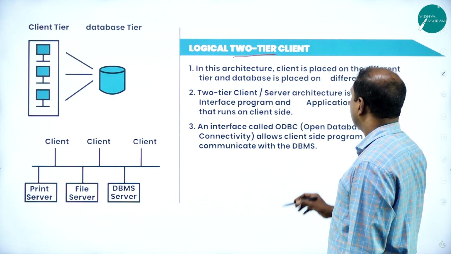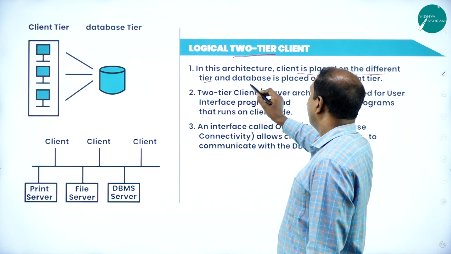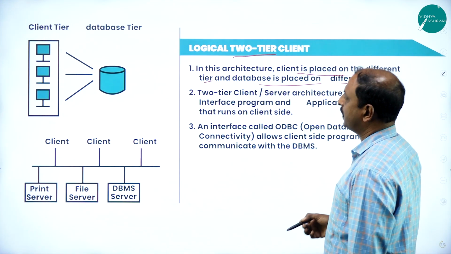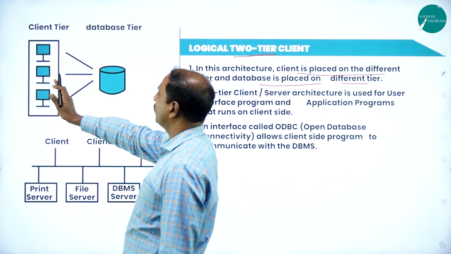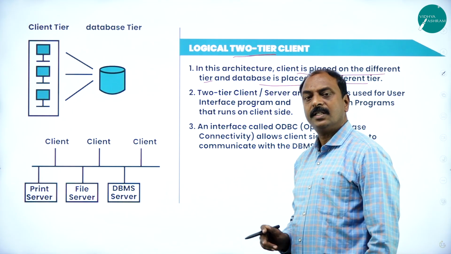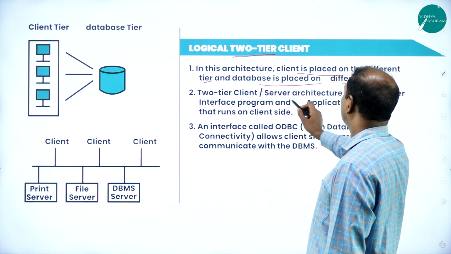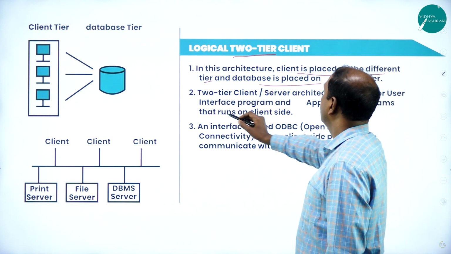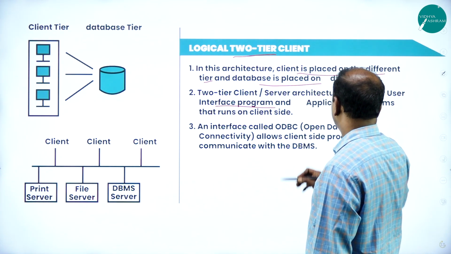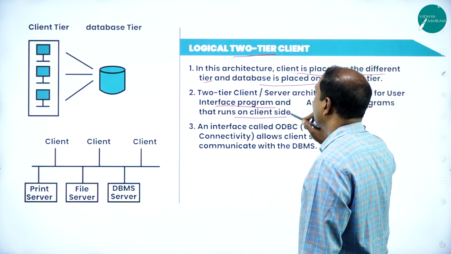Now look at the definition of this. In this architecture, the client is placed on a different tier and the database is placed on a different tier. This is on one tier and this is on another tier, so there are two tiers. Two-tier, also known as client-server architecture, is used for user interface programs and application programs that run on the client side.